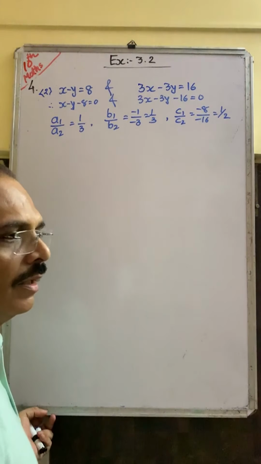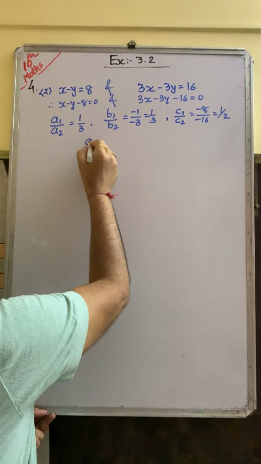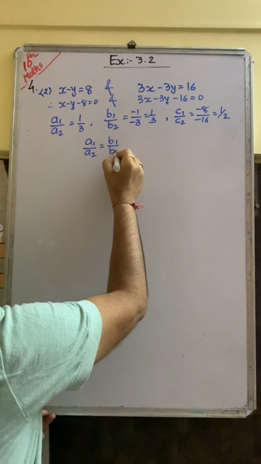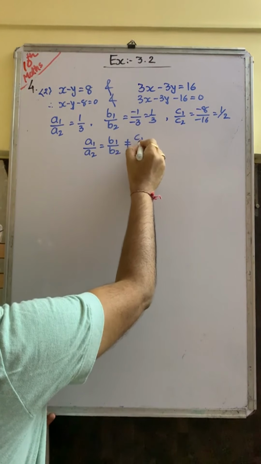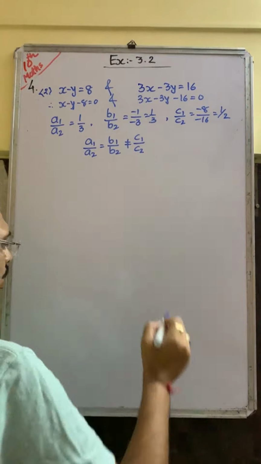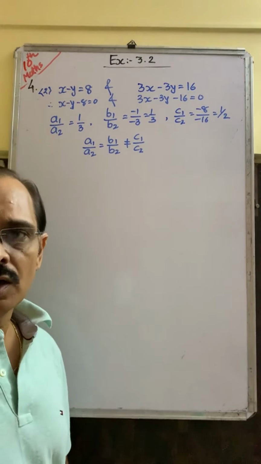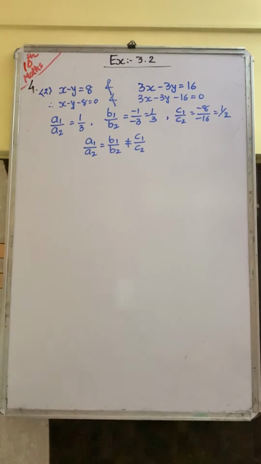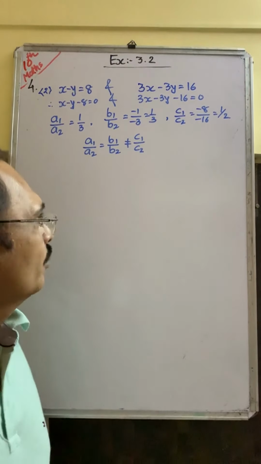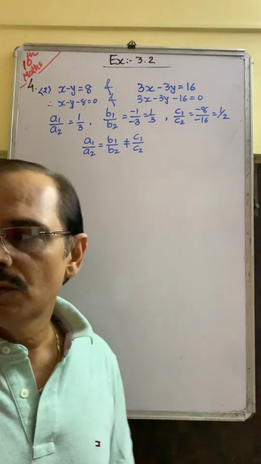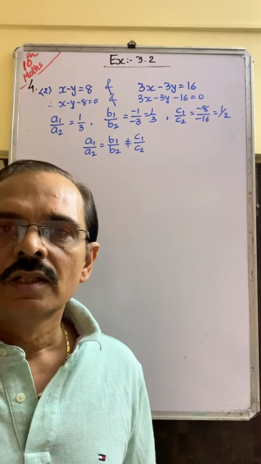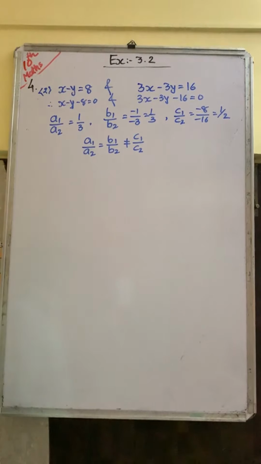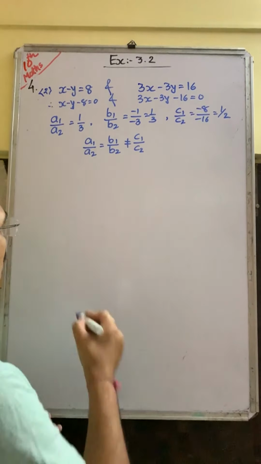So the situation is what? a1 upon a2 equals to b1 upon b2 is not equals to c1 upon c2. It means what? a1 upon a2 is equals to b1 upon b2, but it is not equals to c1 upon c2, and that's why we can write that the pair of equations is inconsistent, no solution is there.